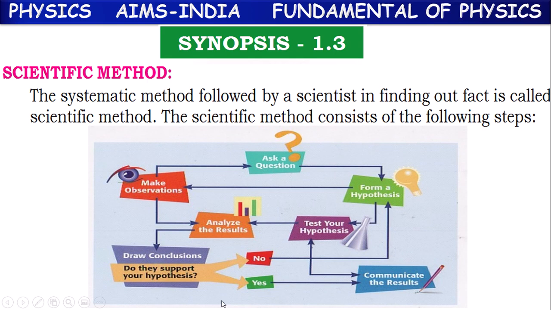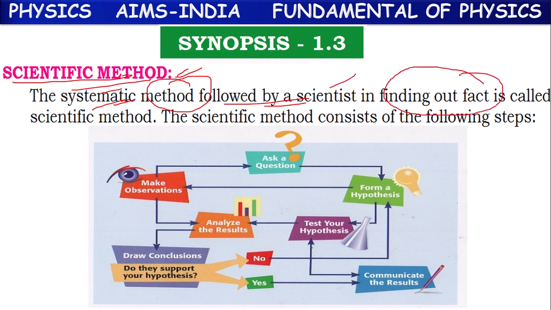So our today's concept, children, is regarding the scientific method. The scientific method is the method followed by a scientist in finding out a fact. For example, that all planets revolve around the sun is a fact.